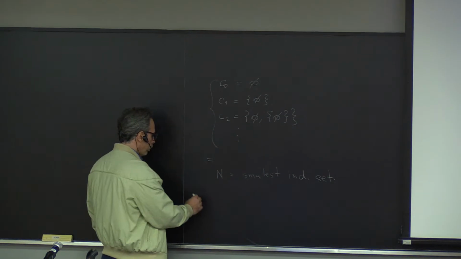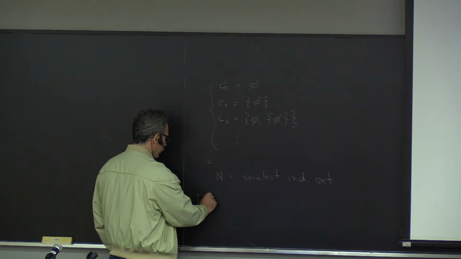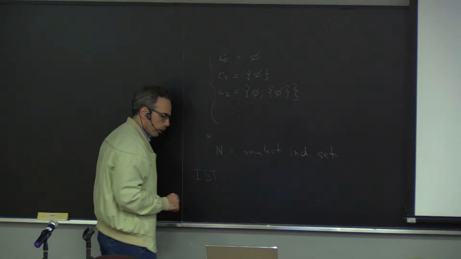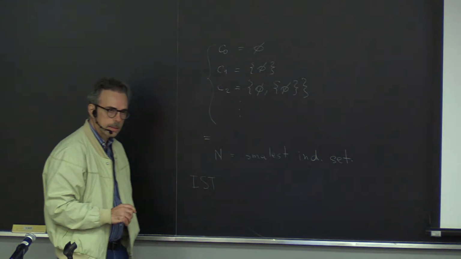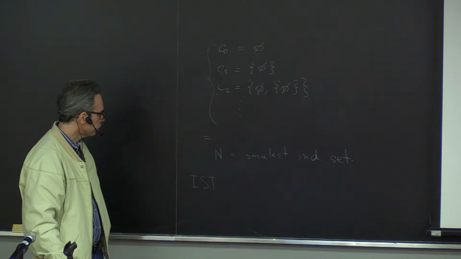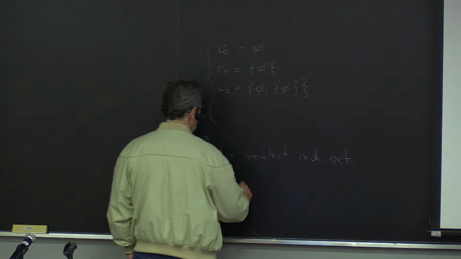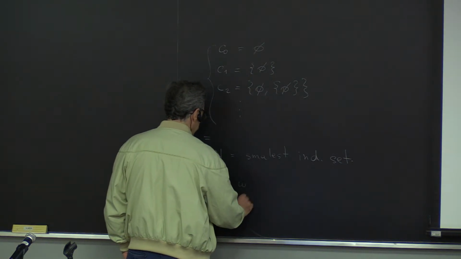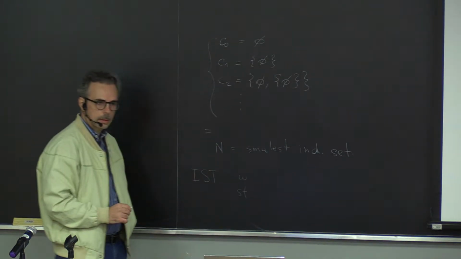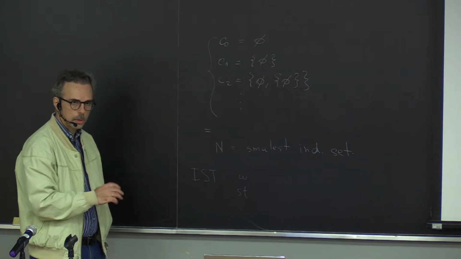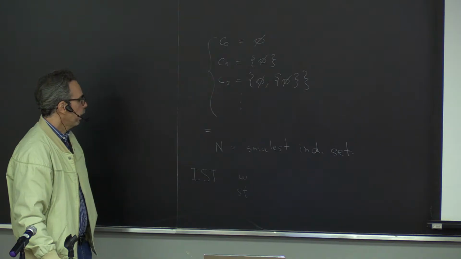One example is very interesting: the non-standard set theory IST from Nelson, in which we have omega, and we have the standard elements of omega, which do not constitute a set, right?